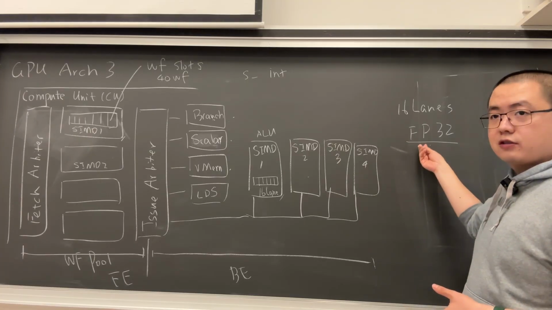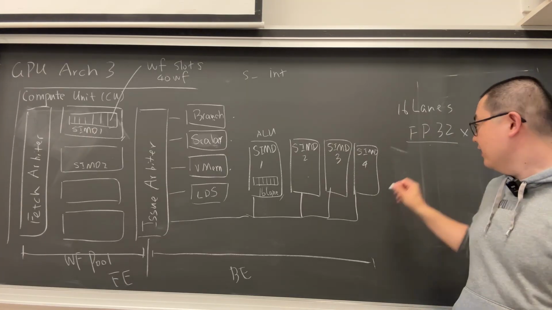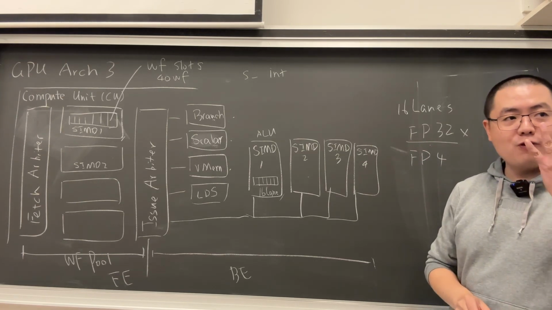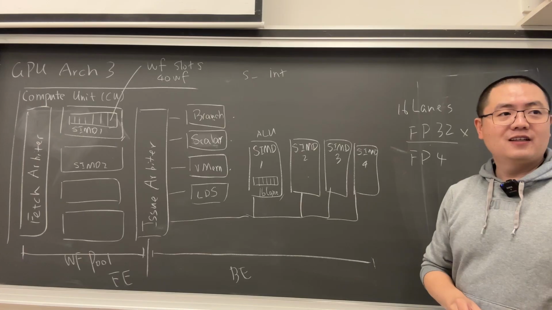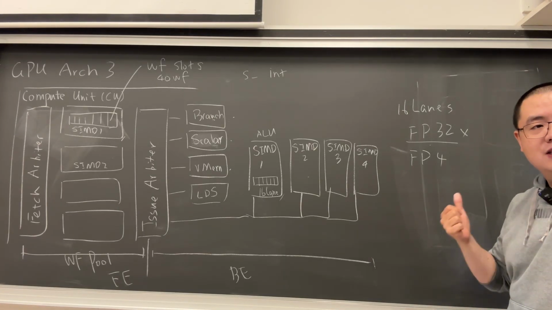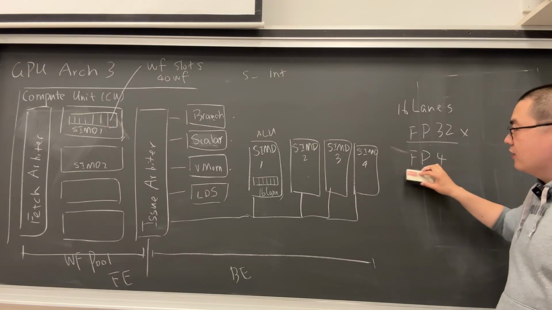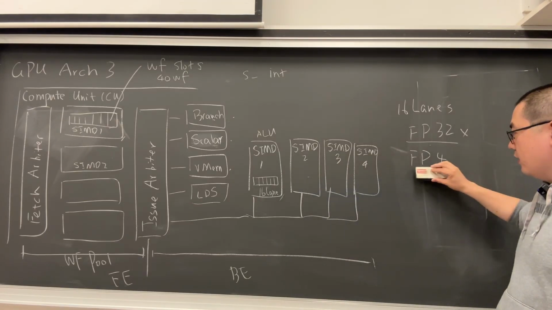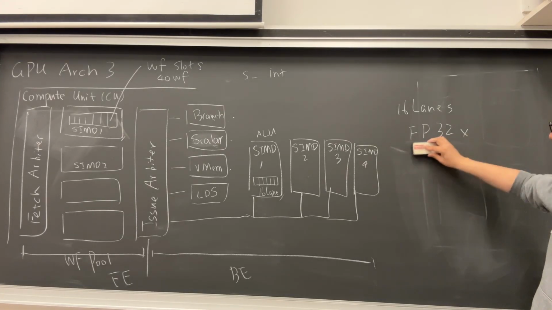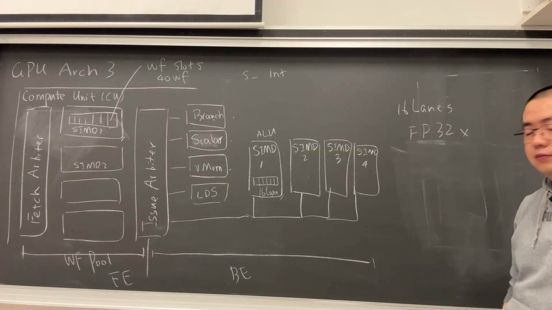Because in those GPUs they do not have FP32 operation. They only have FP4, 4-bit floating point numbers. They only have this low precision calculation. That's why they can do such high performance computation. But for a regular GPU, you cannot really rely only on FP4. So most of the time, in a classic understanding, the raw power comes from floating point 32 operations.